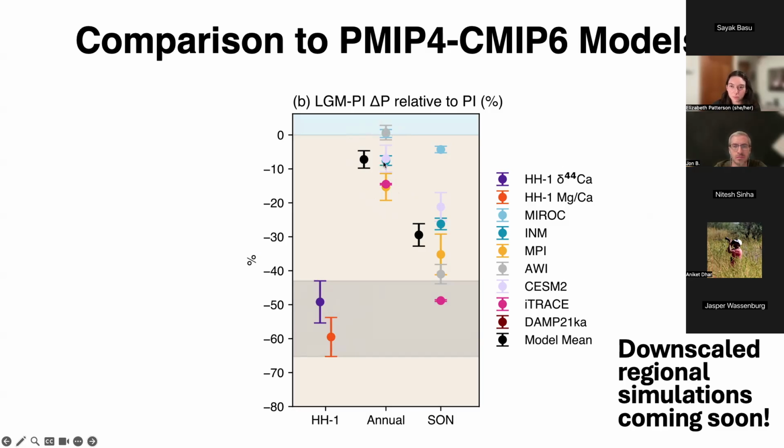They show moderate drying, maybe an average of around 10% drying. But if we isolate just the autumn rainfall in these models, they show a bigger spread, but some of the models are plotting much closer to the values that we get from our proxies. So I think this is very encouraging. There are uncertainties in the proxies, and obviously there are uncertainties in the models as well, but they are sort of converging on this pretty strong dry signature during the LGM if we look at autumn rainfall. And we'd miss this if we only looked at the annual rainfall.